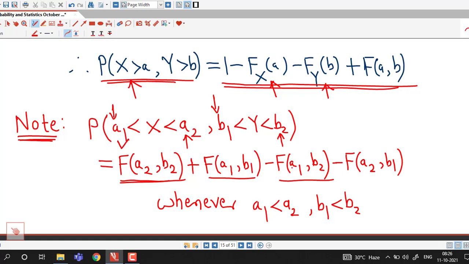If we consider the first point here, we consider the last point from here, A1 B2, and if we consider A2, then we consider B1. So A2 B1, A1 B2 and A2 B1. Here we have positive sign, here we have negative sign, and here we assume that A1 is less than A2 and B1 is less than B2.